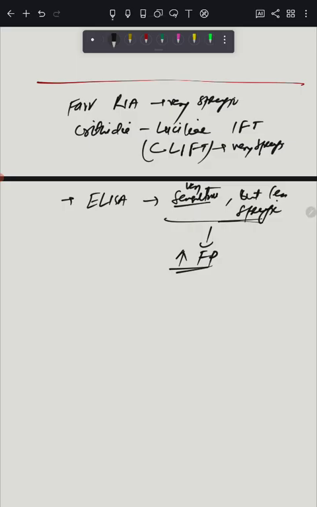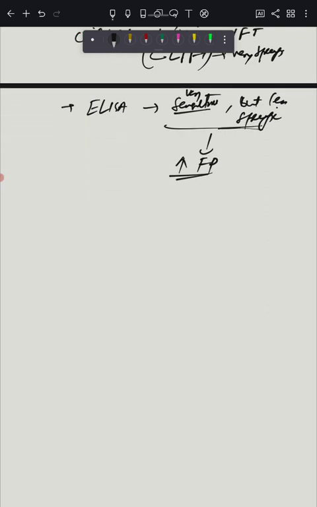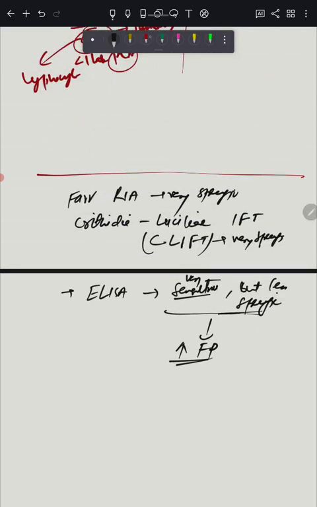Because there is non-specific binding and cross-reactivity. That's why the SLICC criteria requires stricter cutoffs to call it truly positive. That's why if the lab uses ELISA, results must be at least 2 times above the reference cutoff. But if the lab uses the radioimmunoassay or Crithidia, then even a simple positivity above the reference range is enough because they are very specific.